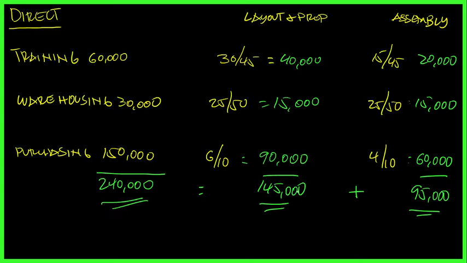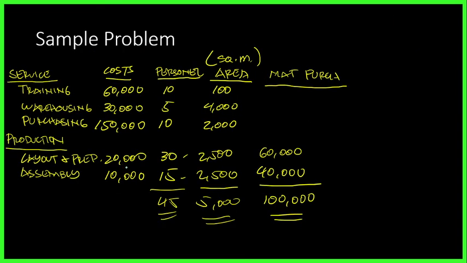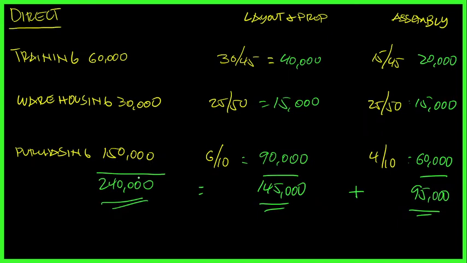Okay, so this one will now go to layout and preparation. This one will be for the assembly. Now, don't forget to add the existing factory overhead costs, 20 and 10. Then you divide that by the activity base, depending on how it is allocated.